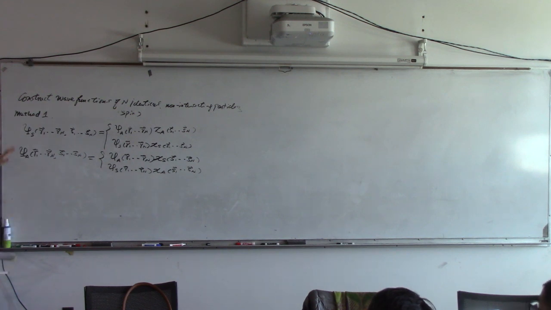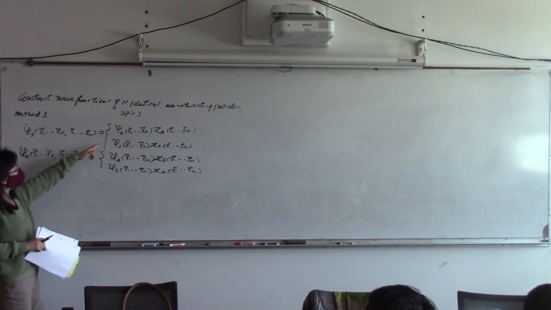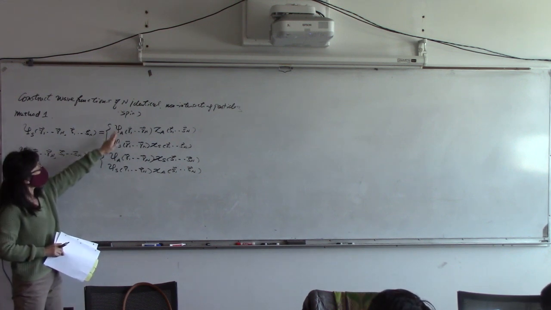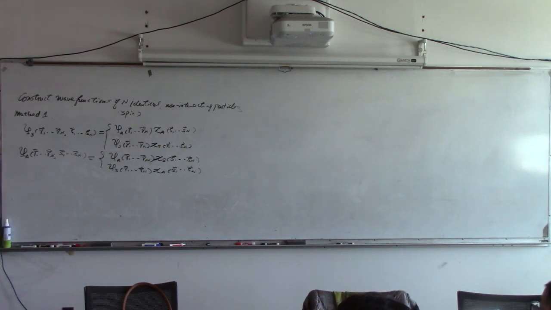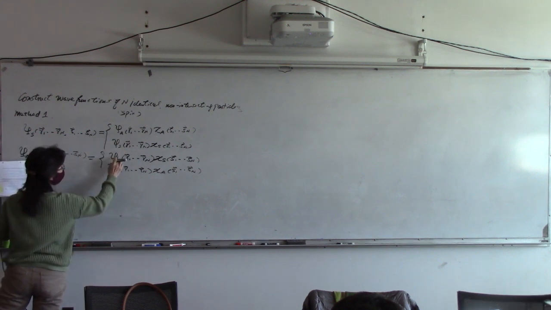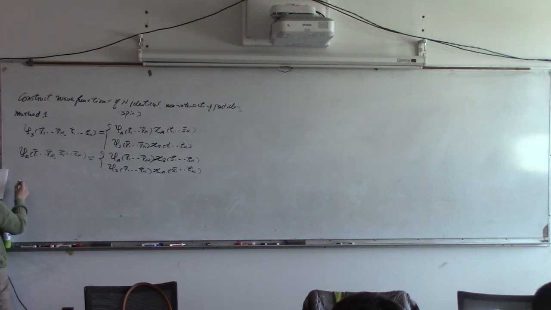That means we construct this total wave function as the product of a total wave function for only the spatial part and multiply by the total wave function of spin. So this is the first one, and then we are going to take it. You will see the advantage of this one and the advantage of the second one. Okay, so here I just remind you how to construct those symmetric and antisymmetric functions for each one.